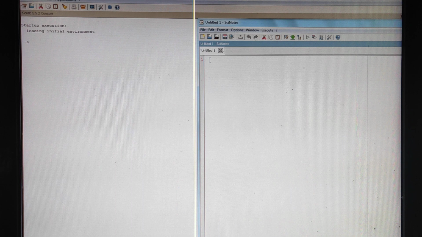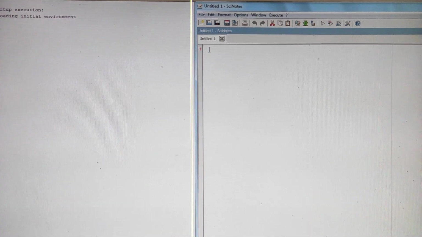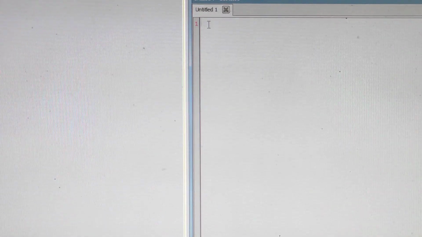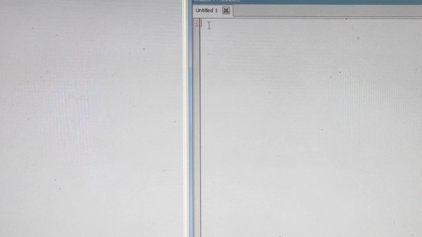So this is Scilab, and I am slightly magnifying so that you can see clearly. So first of all, this is in the form of r and theta. So after giving the value of theta, you can find out the value of r.